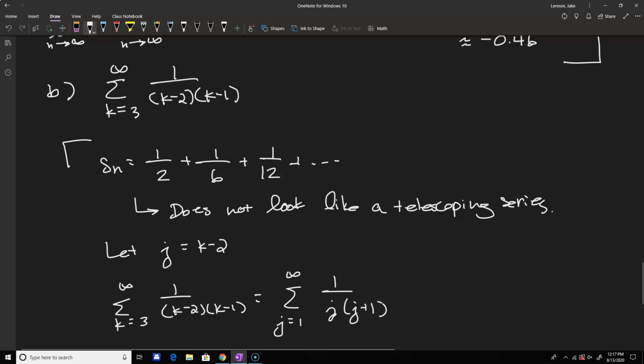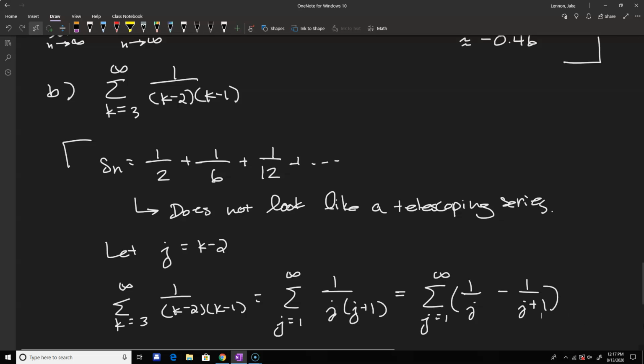And now the nice thing about that is you can rewrite this, and this is a very nice trick, as 1 over j minus 1 over j plus 1. Right, that's just the method of partial fraction decomposition that we used for integrating before, that same algebraic technique.